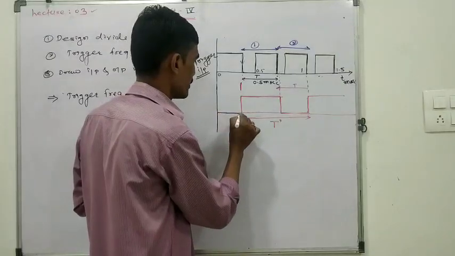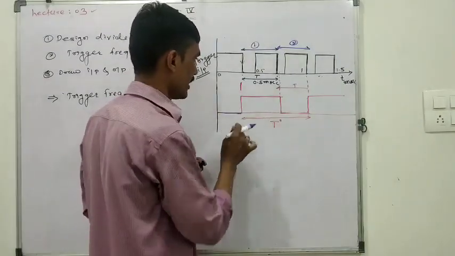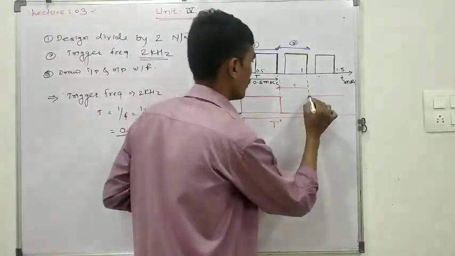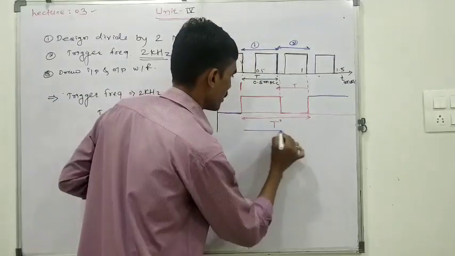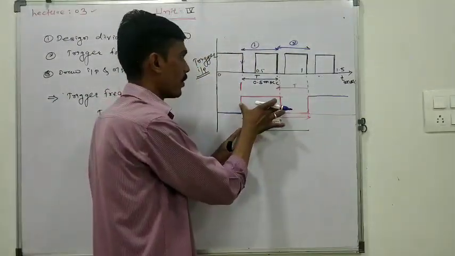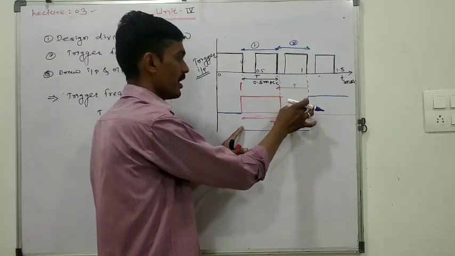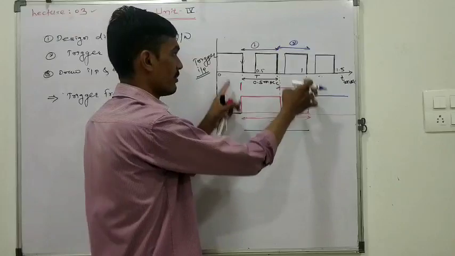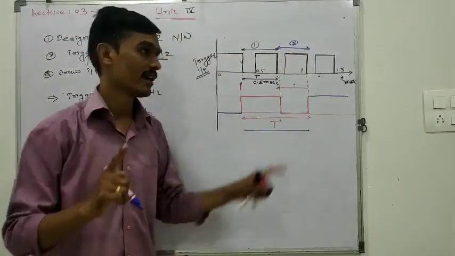Here I am assuming it is negative or 0. For these 2 cycles I am getting a single cycle: a positive pulse for part of it, and for the remaining I am getting the negative pulse. So ultimately for 2 cycles I am getting only a single cycle at the output end.